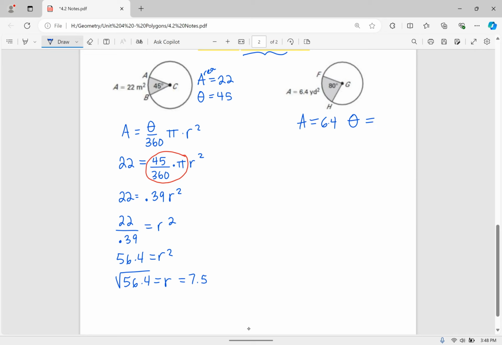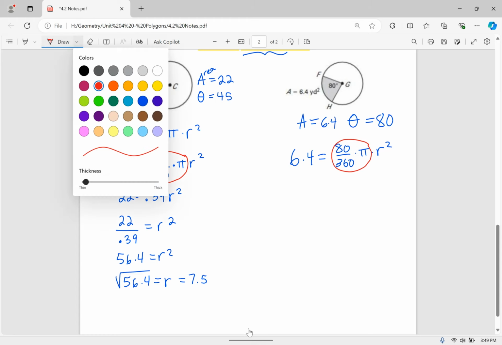The central angle is 80. We're going to set it up, so we're going to say 6.4 equals 80 over 360 times pi times the radius, which we don't know, squared. I'm going to use my calculator, and I'm going to type this portion in first.